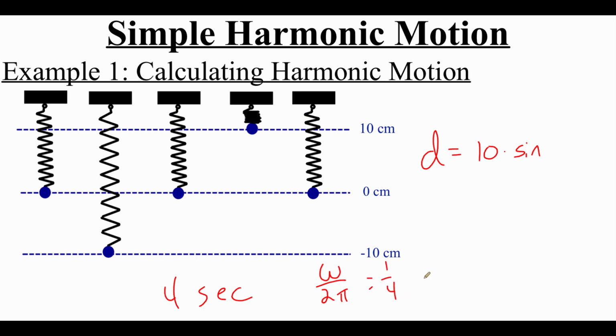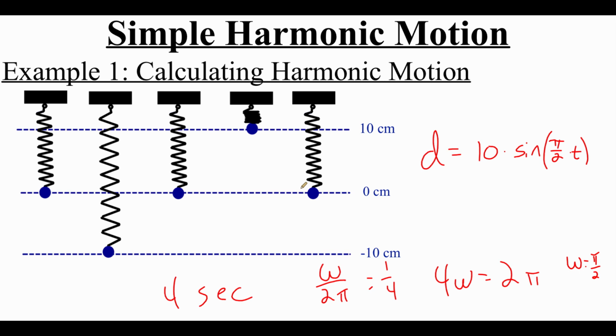So now I can do a little cross multiplying: omega times 4, and 1 times 2 pi. Solving to get omega alone, I divide that 4 over to the other side. So my omega value is pi over 2, and I have to multiply that by t. So this sine equation is going to model the behavior of this ball, or this weight on the end of this spring.